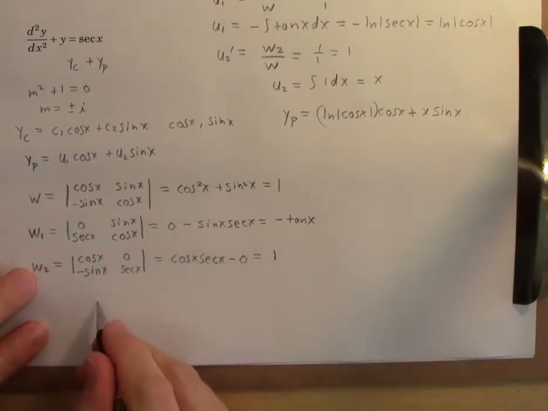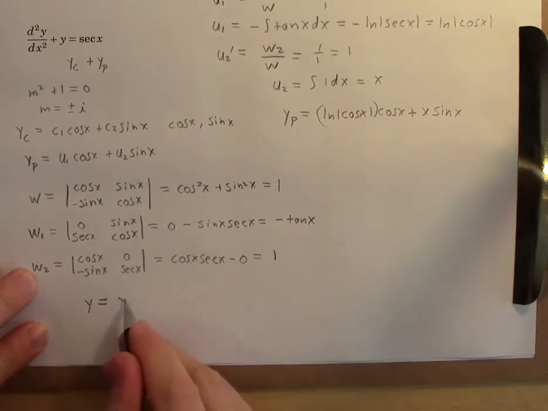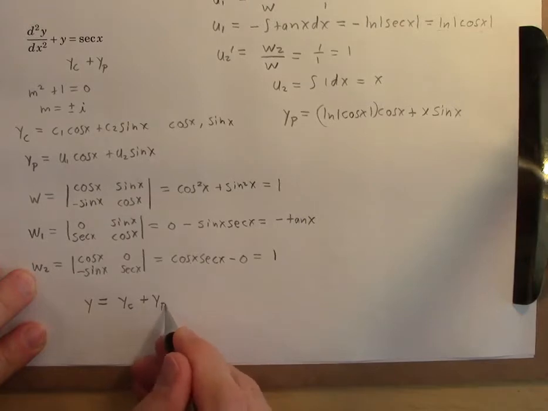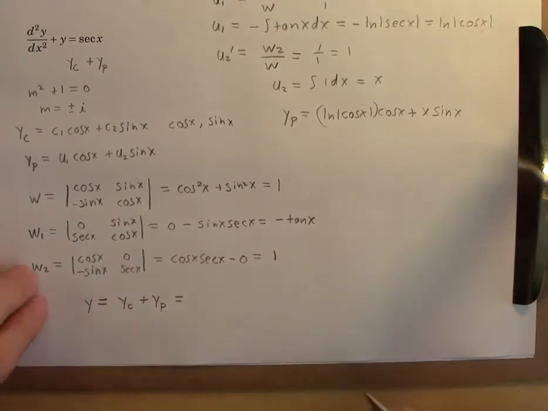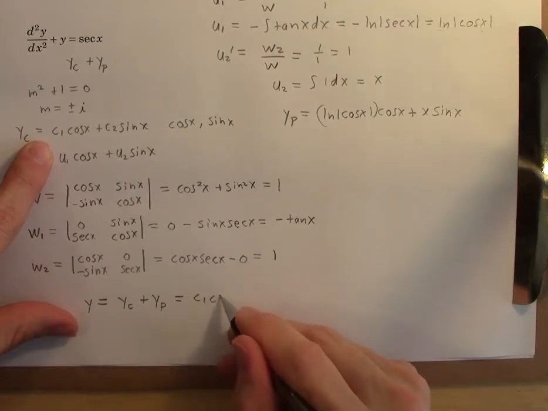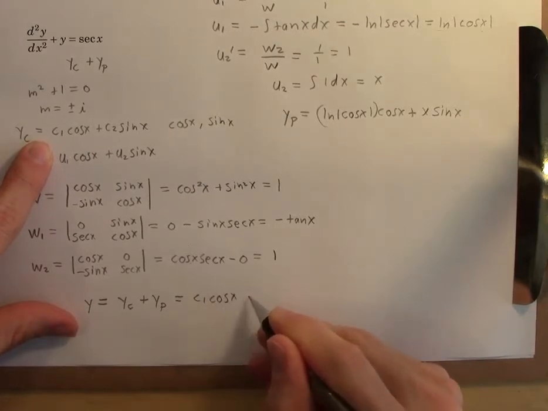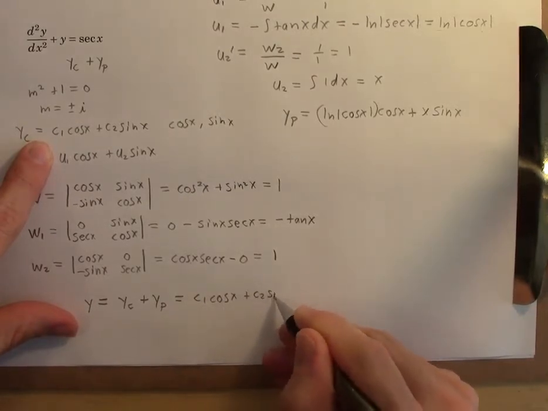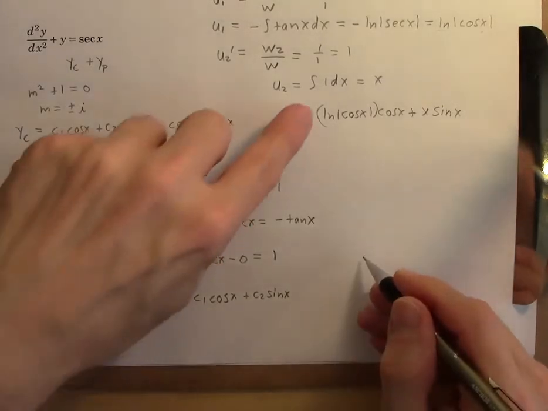So let's write that down here at the bottom. So y is the general solution, and it's equal to yc plus yp. And so our yc is up here, c1 cosine of x plus c2 sine of x, and our yp over here.